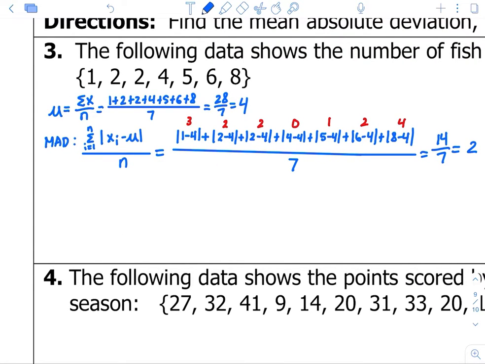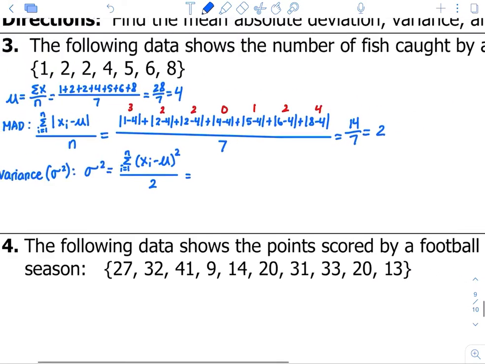All right, moving on. Let's get our variance. And remember, variance is represented as sigma squared, right? So sigma squared is equal to the summation of xi minus mu, which is your mean, squared, all over n.